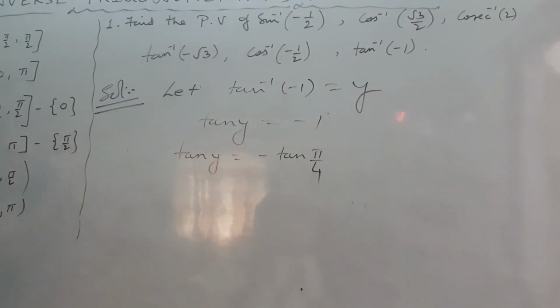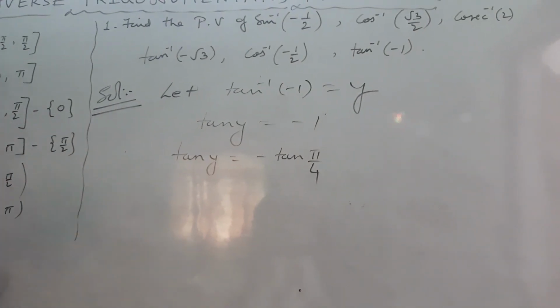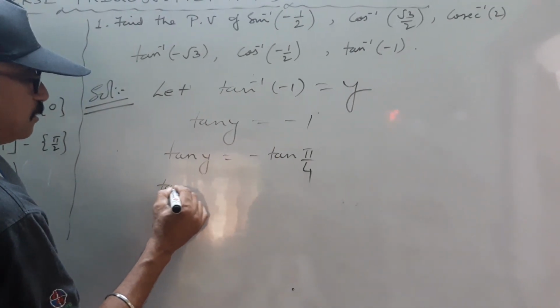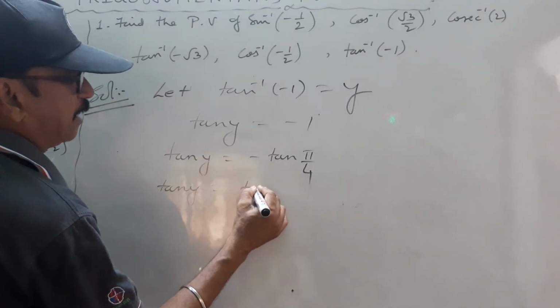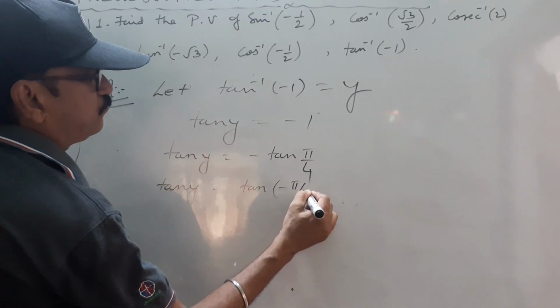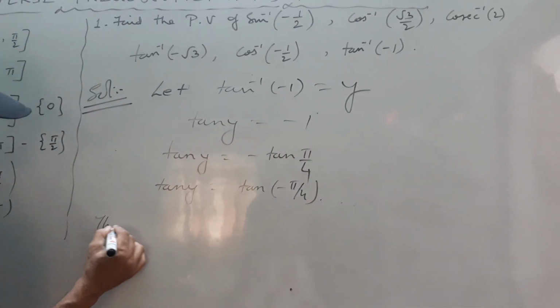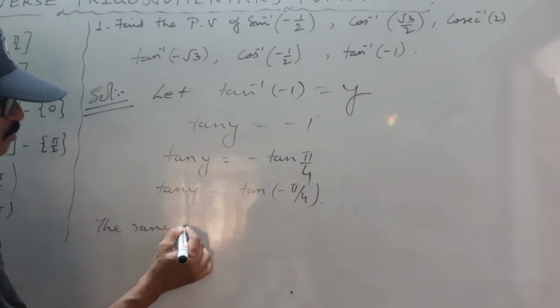Now tan of minus theta is minus tan theta, so here we can proceed by writing tan of minus pi by 4.